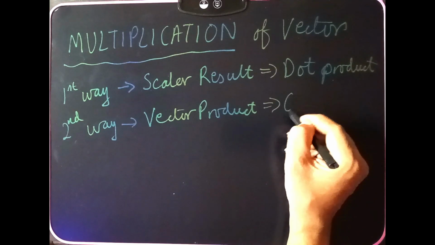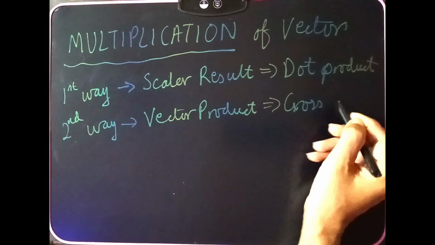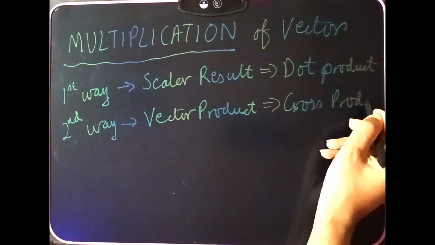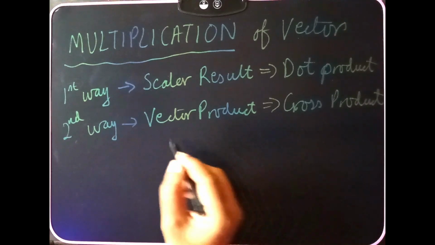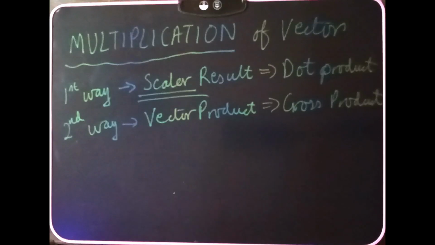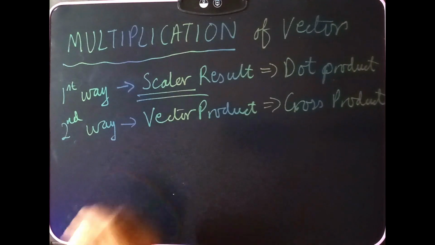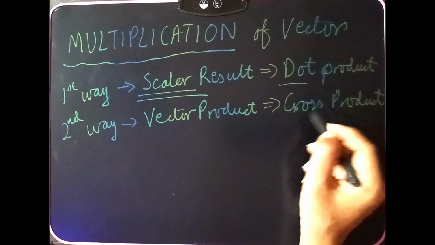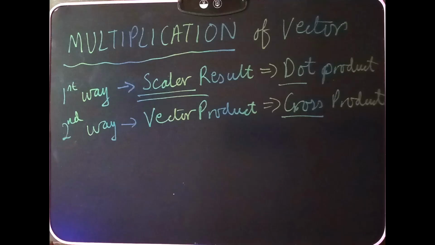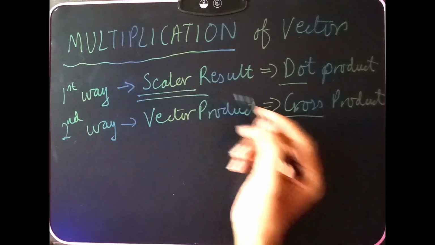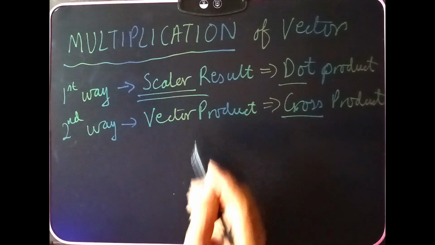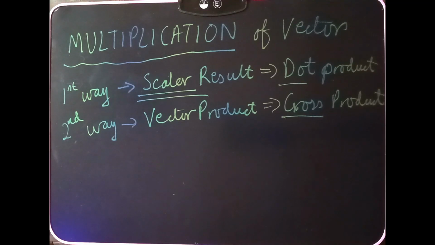And this is a cross product. So today we are going to study about scalar product. Okay. These are the two ways of multiplication. One is the dot product and another is the cross product. Dot product gives us the scalar result and cross product gives us the vector result.